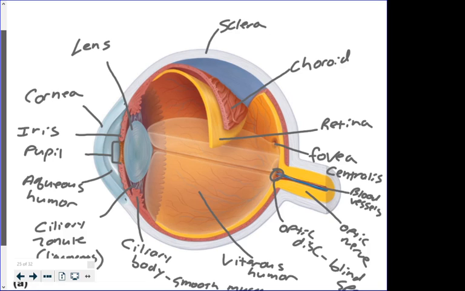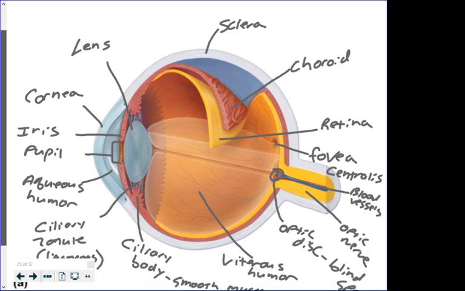Now, normally we use two eyes, and so our brain kind of fills in that blind spot. But to find the blind spot, you cover your right eye, and then with your left eye, you look at the plus, and like right there, for me, right about there, I cannot see the black circle.